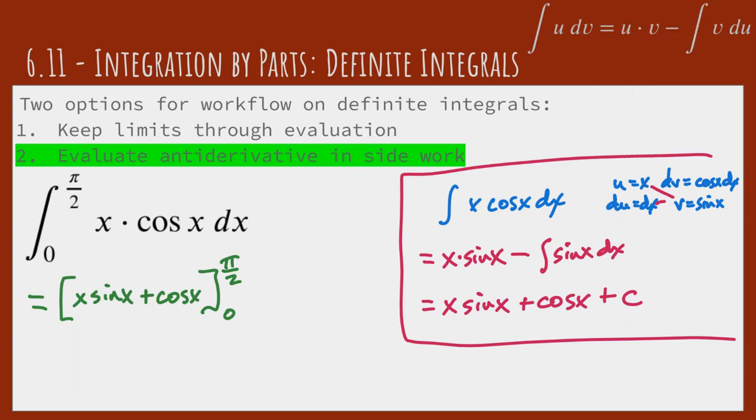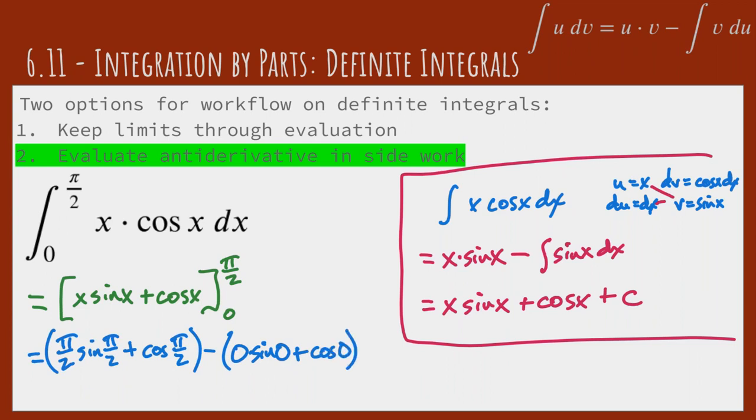Then we plug in the pi over 2, plug in the 0, and evaluate. Cosine of pi over 2 is 0. Sine of 0 is 0. Cosine of 0 is 1. And we get the same answer.